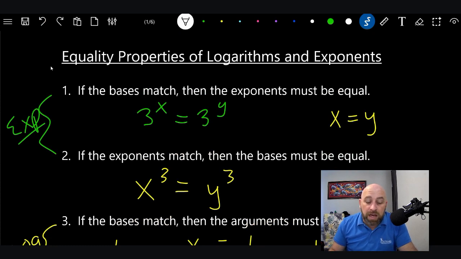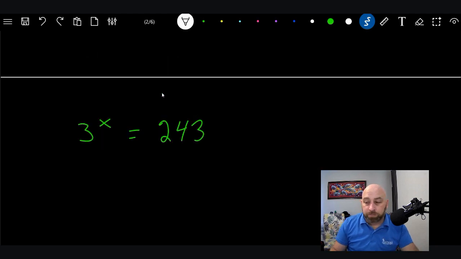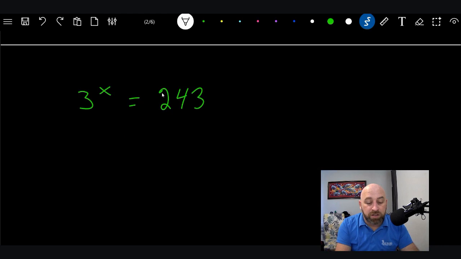So, do we have something that we can make the bases match, or something that we can make the exponents match? Well, probably the best thing to do in this one is try to make these bases match. In other words, we have a base of 3. We can't just put an x over here. It's not going to work out for us.